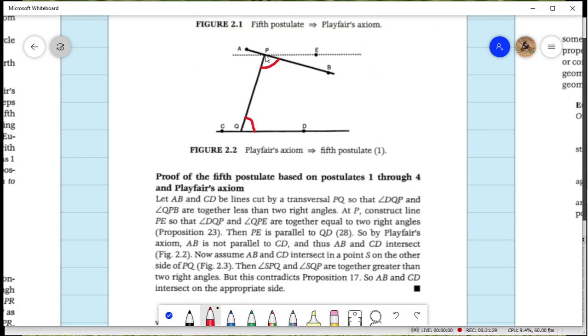So since this is a point outside of line CD, then by Playfair's axiom, you can draw a unique line through P parallel to CD. Then, since there can only be one parallel line, it would follow that PB is not parallel to CD. Since Playfair's axiom asserts that there can only be one parallel.